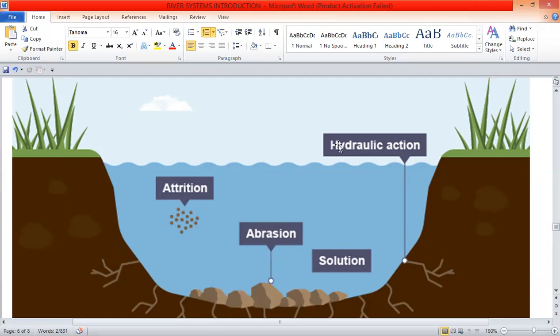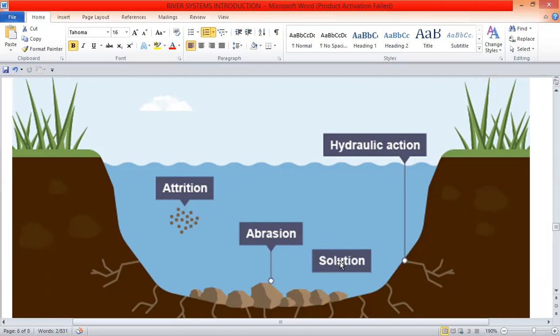Then the second one will be hydraulic action. And of course, attrition will further erode the load. As the load is being eroded, you see what is happening: the size is being reduced. We started from here, we moved to here, we moved to here. And solution, you can't see anything now.